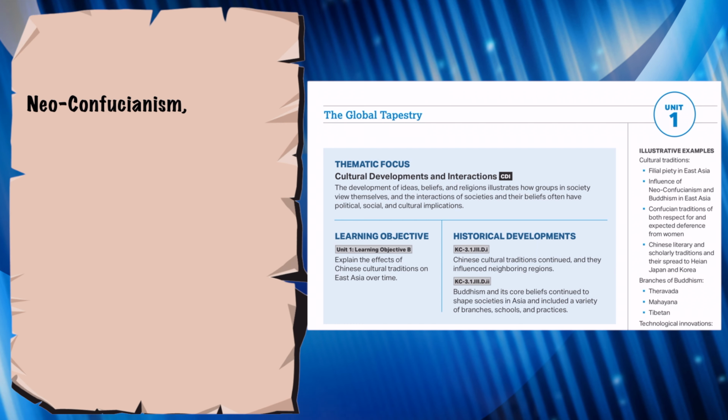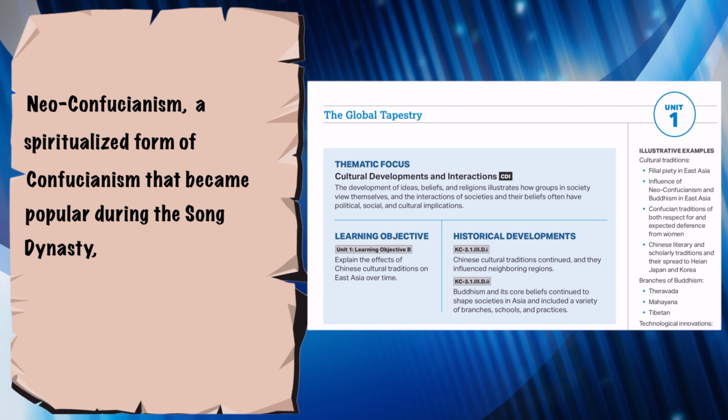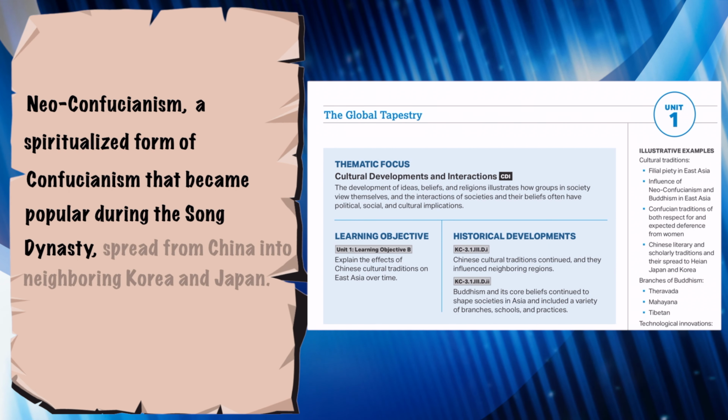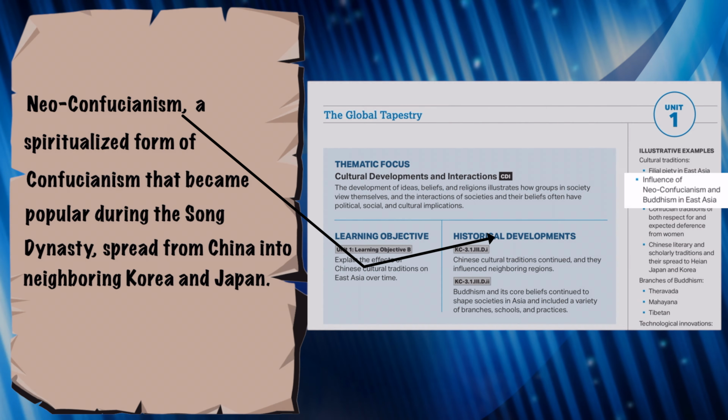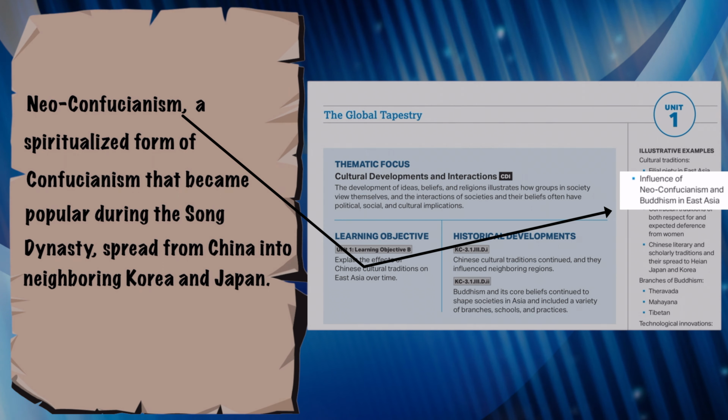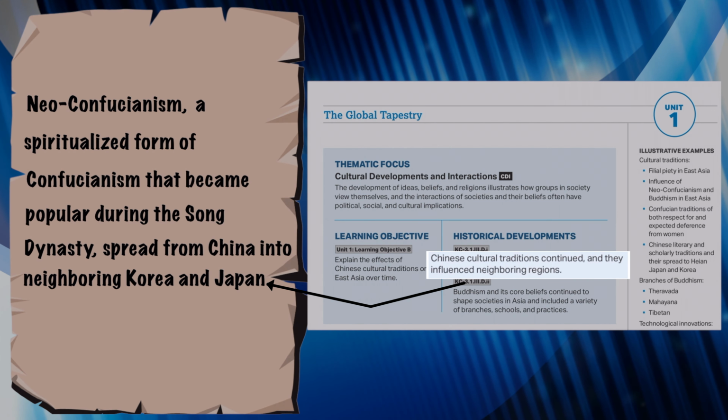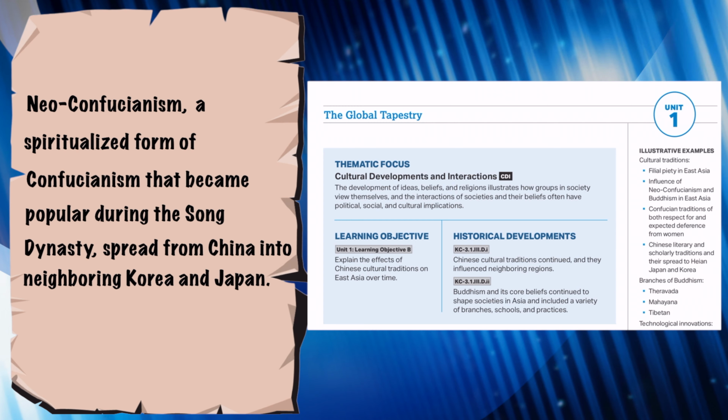You see the same thing with Neo-Confucianism. Neo-Confucianism, a spiritualized form of Confucianism that became popular during the Song dynasty, spread from China into neighboring Korea and Japan. Again, we're learning evidence in a specific context. The appositive ensures that we know what the term means, and the rest of the sentence connects it to the topic page, which in this case is topic 1.1. Neo-Confucianism is an illustrative example of how China's culture spread to other regions of Asia, and this sentence structure does exactly that.